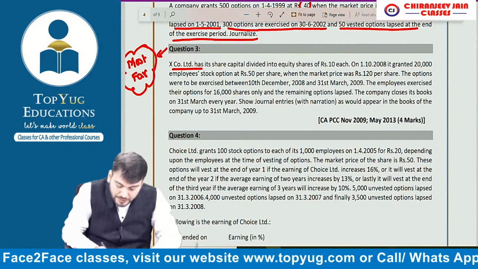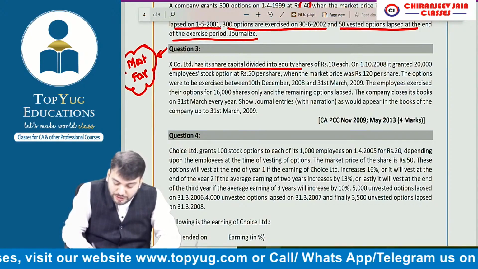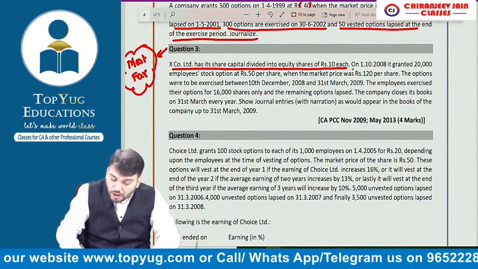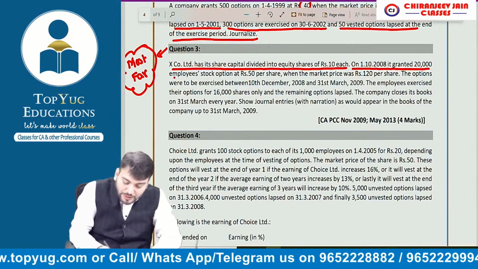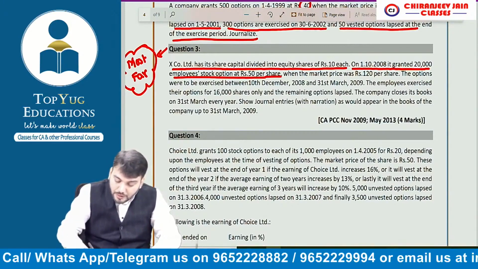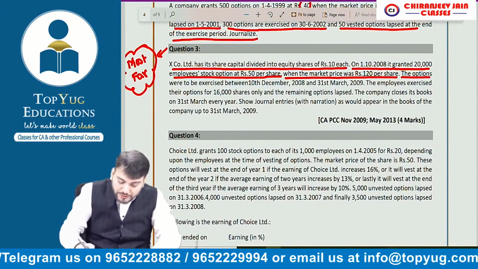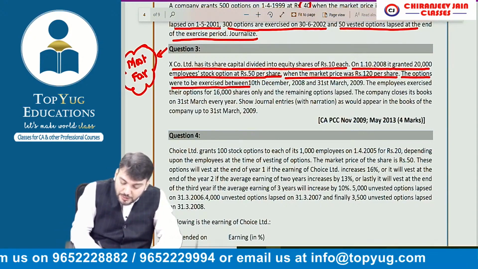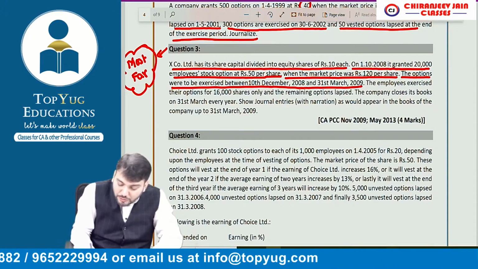X company has its share capital divided into equity shares of rupees 10 each. On 1/4/2008, it granted 20,000 employee stock options at 50 per share when the market price was 120 per share. The options were to be exercised between 10 December 2008 and 31st March 2009.